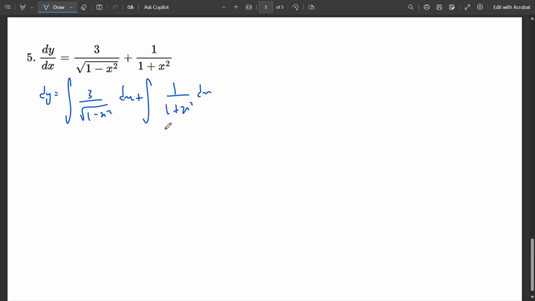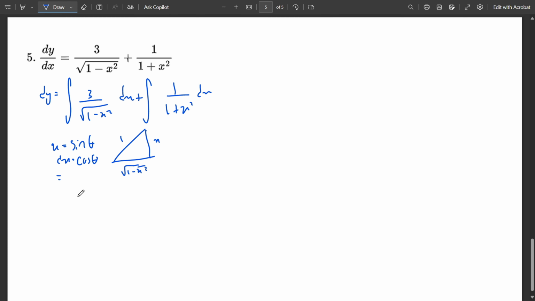And we can see that we can use trig substitution x equals sine theta for the first one, and we have dx equals cosine theta d theta, right? And we can use the triangle here, and we know that sine theta equals opposite over hypotenuse. So the opposite is x and the hypotenuse is 1. So using the Pythagorean theorem, adjacent should be square root of 1 minus x squared.